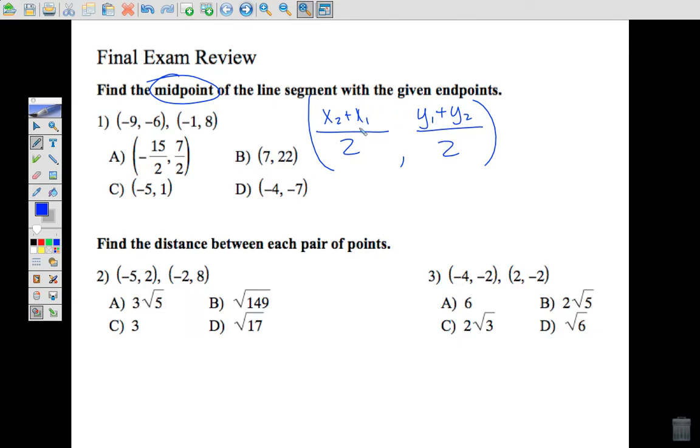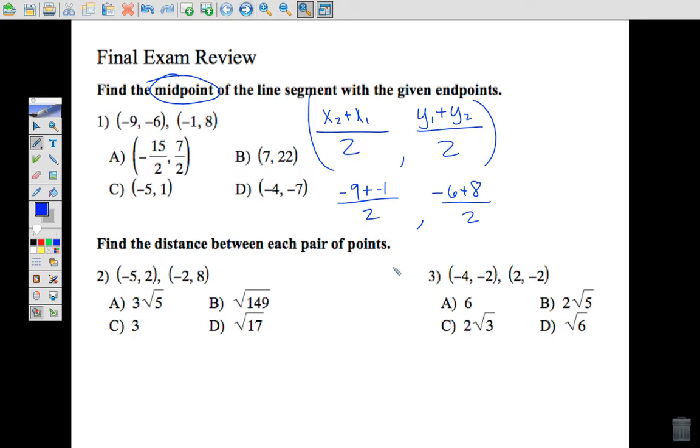You just add them together, so it doesn't matter which one you put first. Just add them together, divide by 2. So here we're talking -9 plus -1 all over 2 and -6 plus 8 all over 2.